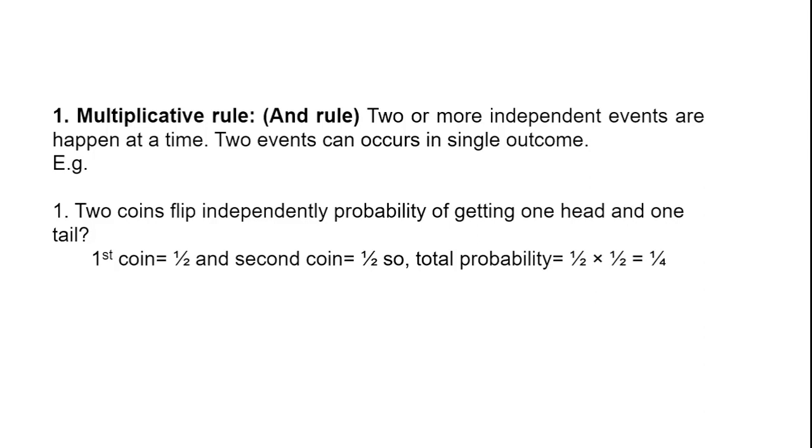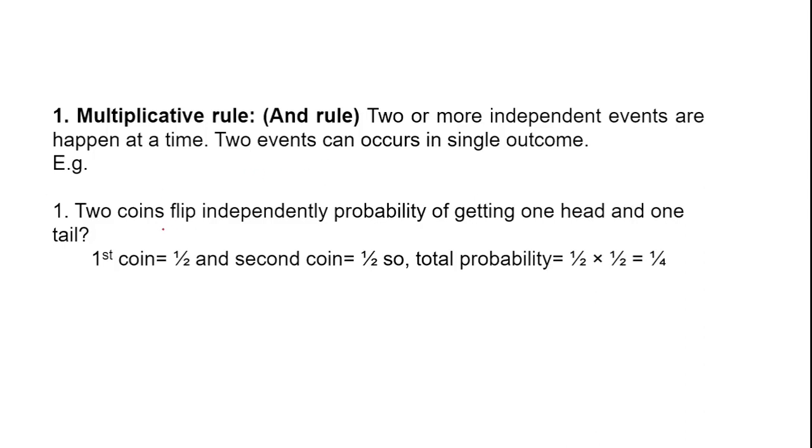The probability of getting head in one coin and the probability of getting tail in the other coin are two independent events happening at a single interval of time, where we need to apply the multiplication rule. Because we toss two coins at one instant, we have a single outcome but two independent events happening, so you can calculate the probabilities like this.